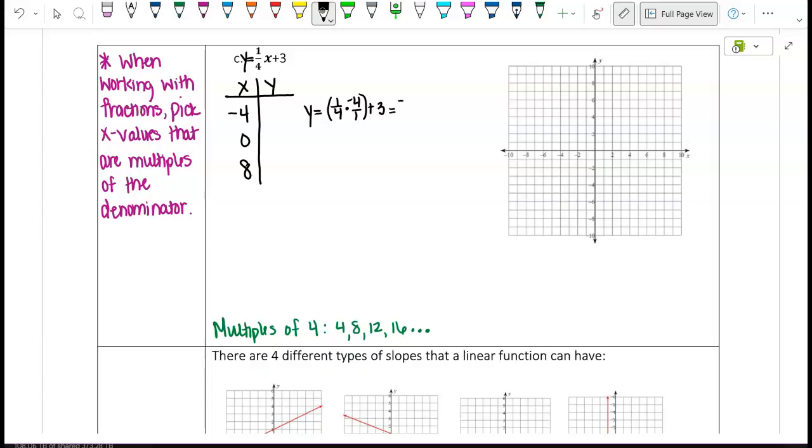So this gives me -4 over 4 plus 3. Well, -4 divided by 4 would be -1 plus 3, which is going to equal 2. So my y value is 2, so my first ordered pair is -4, 2.